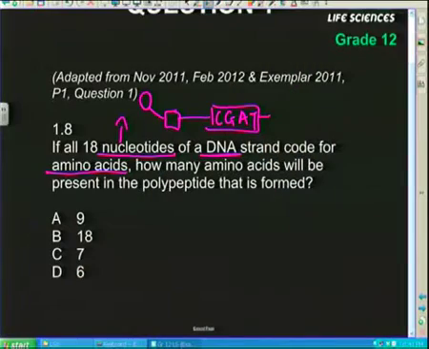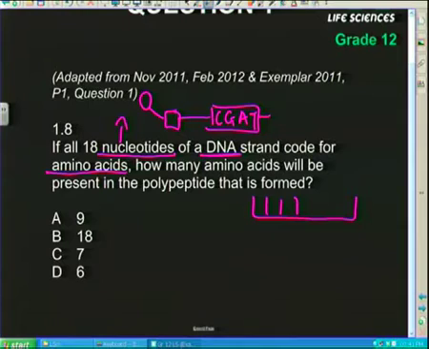But the question was, how many amino acids will be present? Now, if you think of how transcription occurs, one thing that you would have learned is that when they come from the DNA, they are in codons. They are in bases of 3.